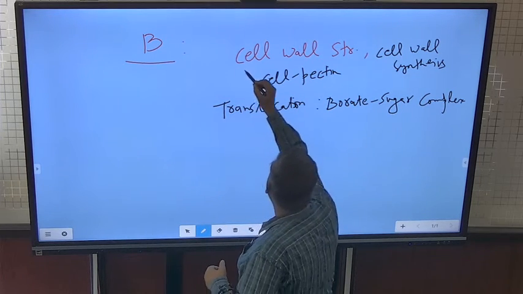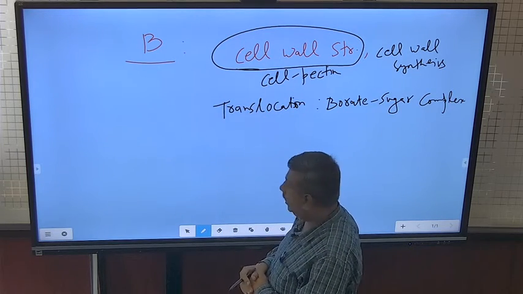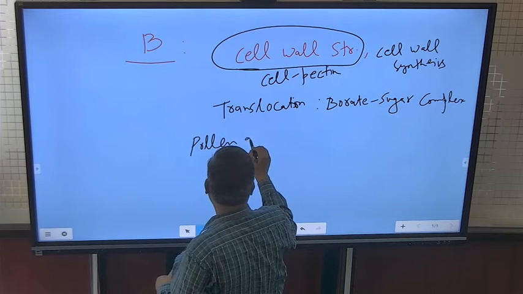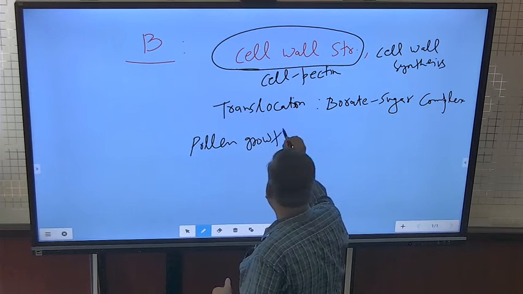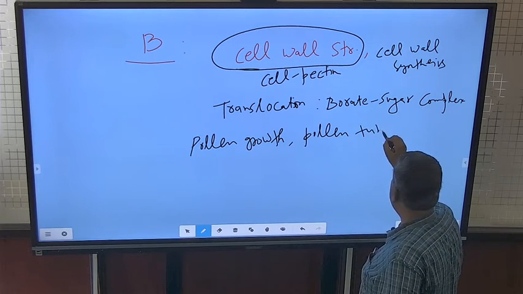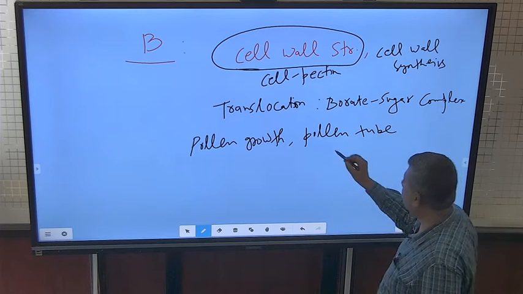So this is a very important function of boron, and this boron is required for pollen growth, pollen germination, pollen tube, and fertilization and seed setting.